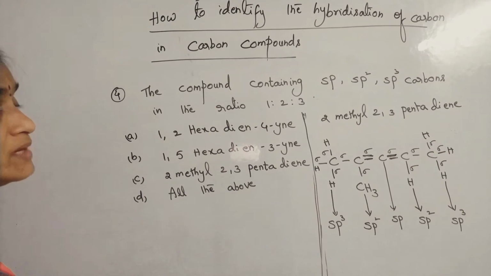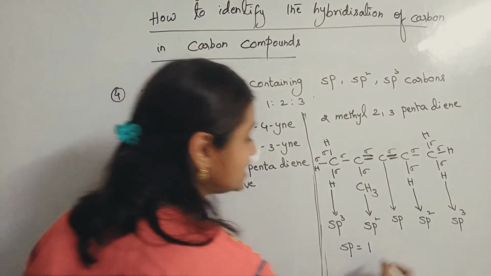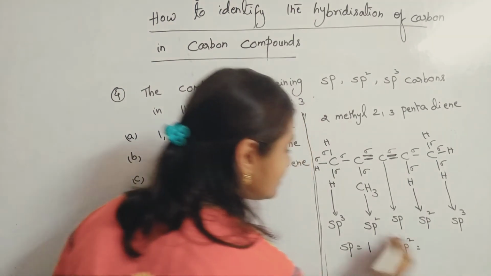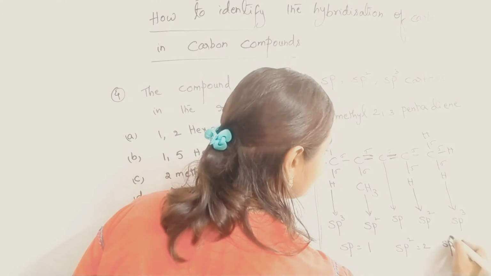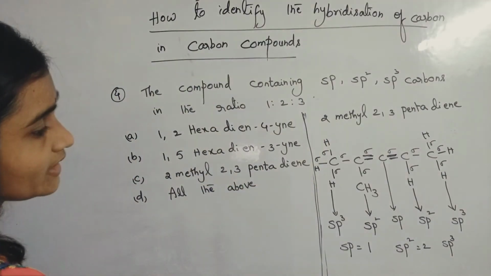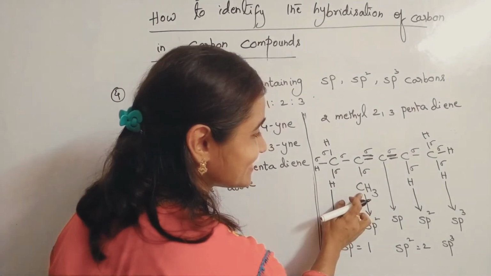Now how many sp are there? Only one sp carbon. sp2 carbons, how many are you finding? 1, 2. And sp3 carbons, how many are you finding? Are you finding 3? We forgot about the methyl group.